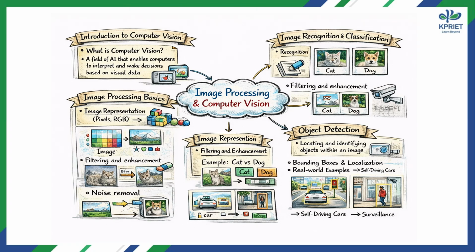This is another slide showing glimpses or examples of how image processing and computer vision are carried out. Image recognition, how the cats and dogs are exactly identified. This is an example for it.